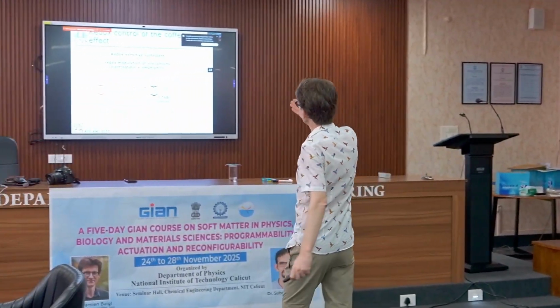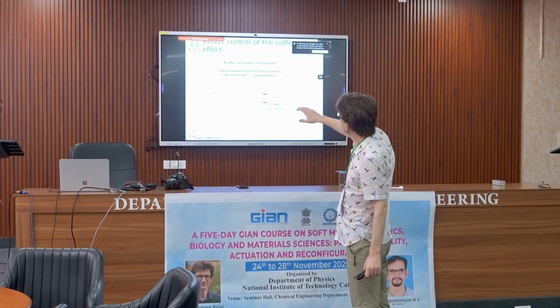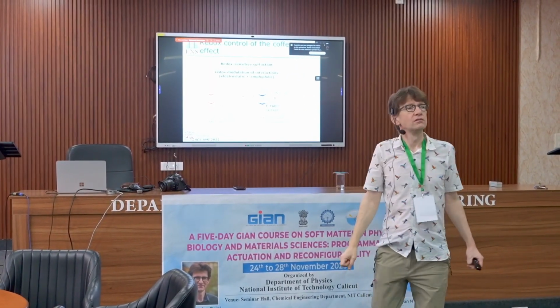Oxidation is when I take out an electron, so I go from left to right. For example, because I have oxygen or water, I have oxidation. So what do you think will happen when I do this from left to right?